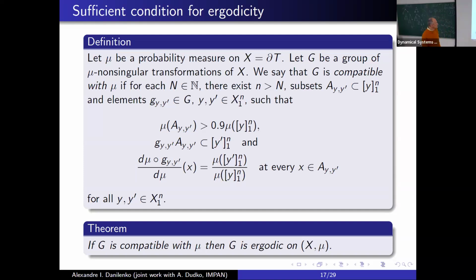If G is minimal, then we can move any cylinder of nth level onto any other cylinder of nth level. But the tricky condition is the third one, to make sure that on a large proportion of the cylinder, g has the same Radon-Nikodym derivative. So the key condition here is mentioned.